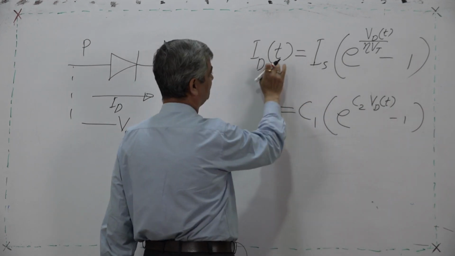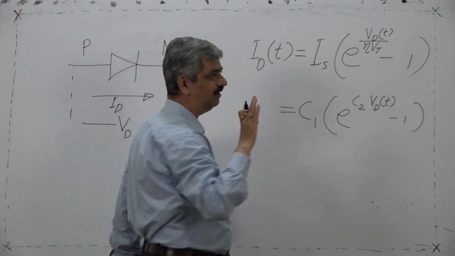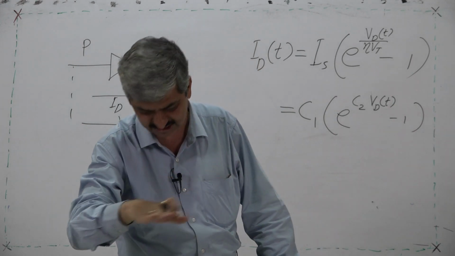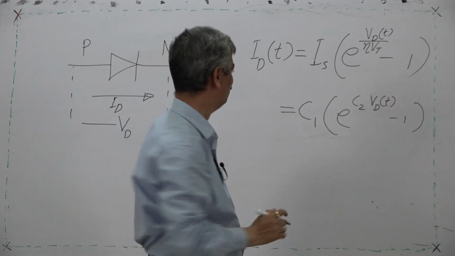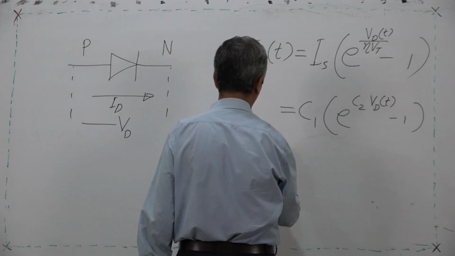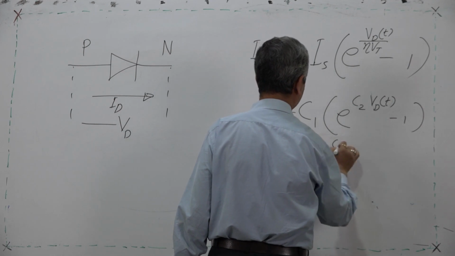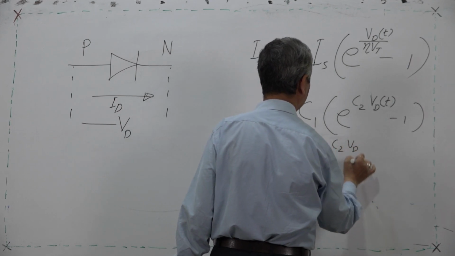Since we now know it is a 0th order system, T we may remove, so that the current through the diode is equal to a constant into e raised to another constant times Vd, minus 1.